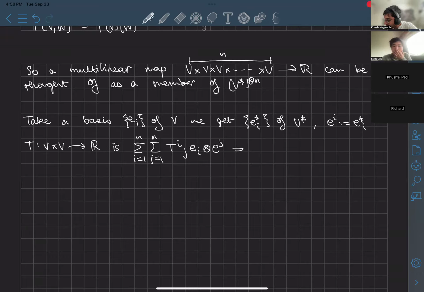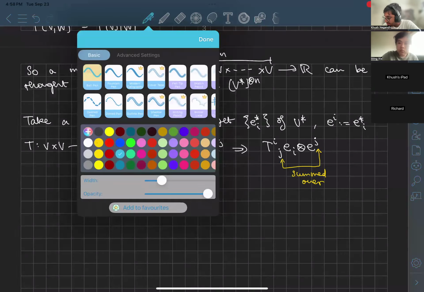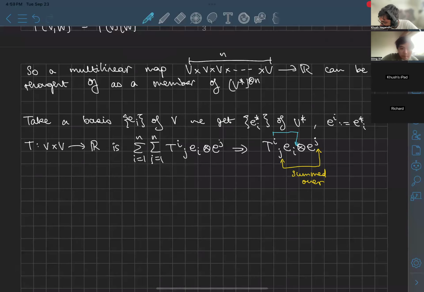So we just write this as T upper i, T lower j, e_i tensor e_j. The convention is that if you have a lower index and the same index upstairs, you sum over them. So j is summed over, and you can see that i is up and i is also down, so you sum over i.